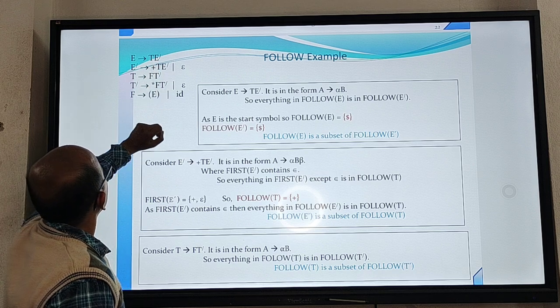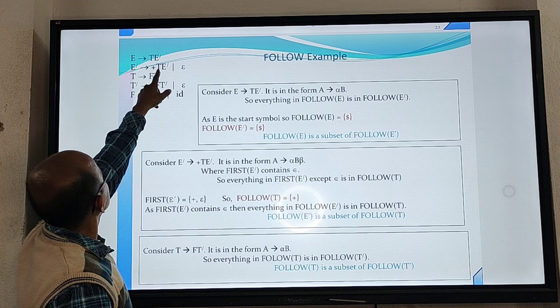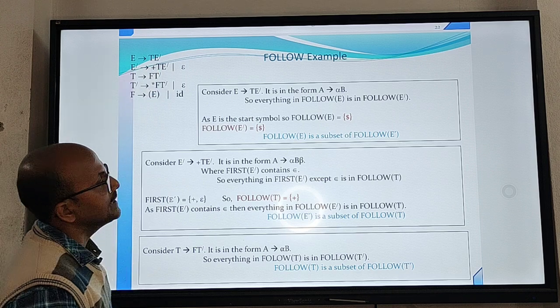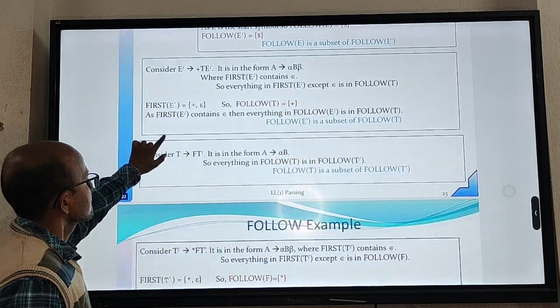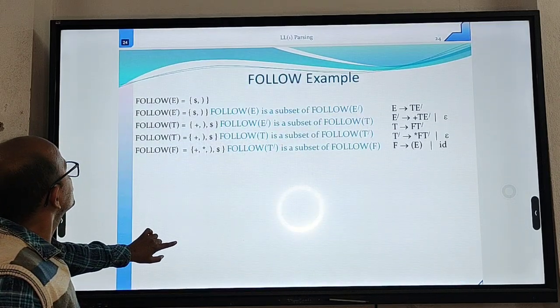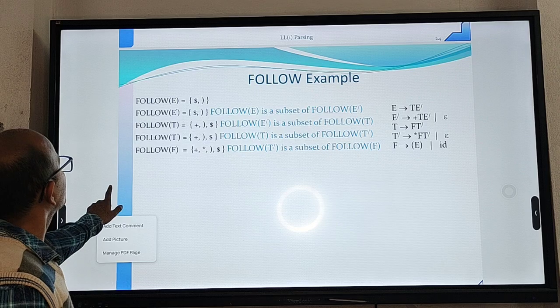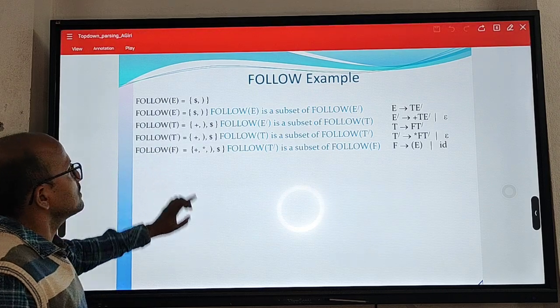So the follow of T is basically the follow of E again, which is the dollar symbol. So in this way we can calculate the follow symbols of all the non-terminals here.